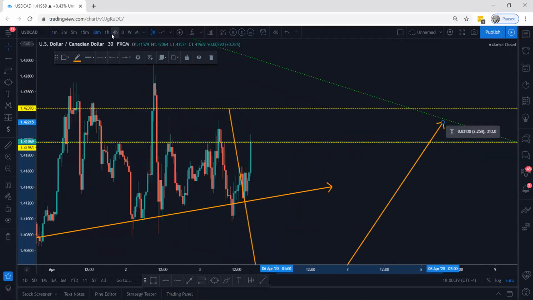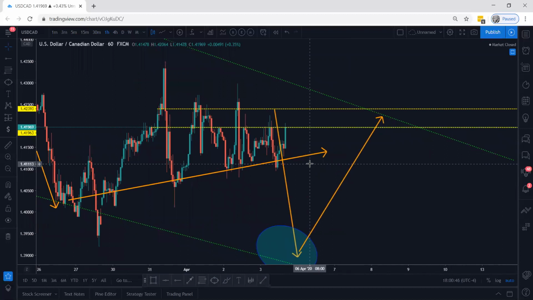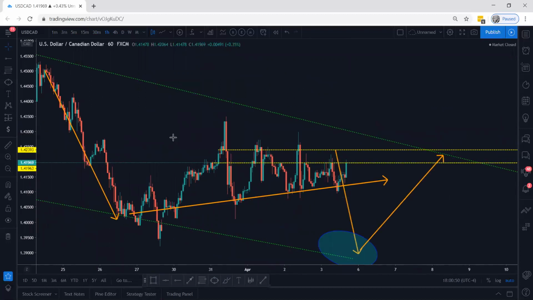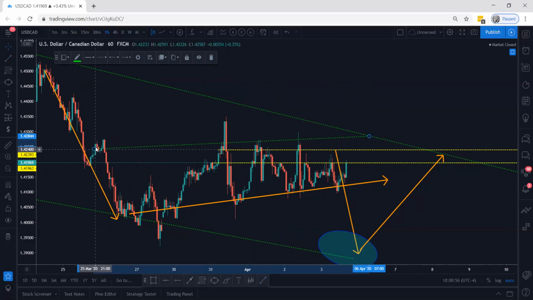So basically with this one, it's just patience. If you want to try and scalp the flag, you can. The flag itself. This is probably news.